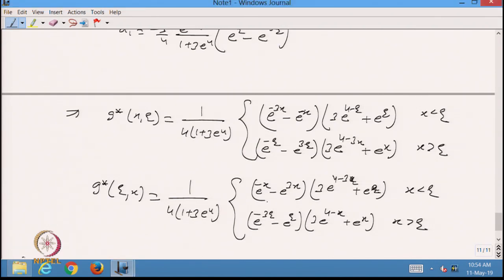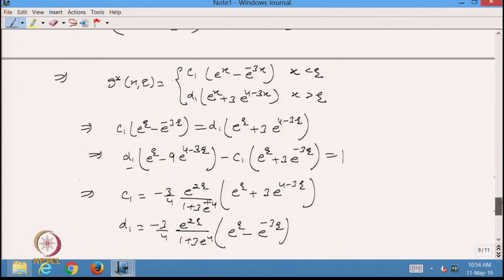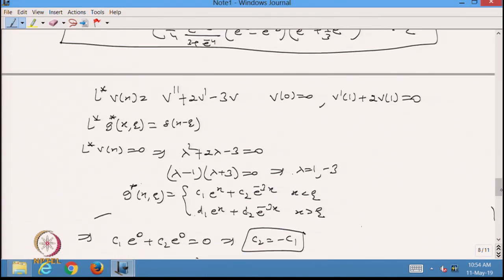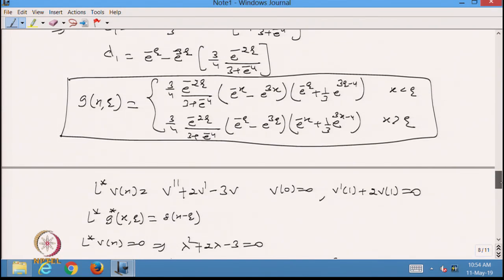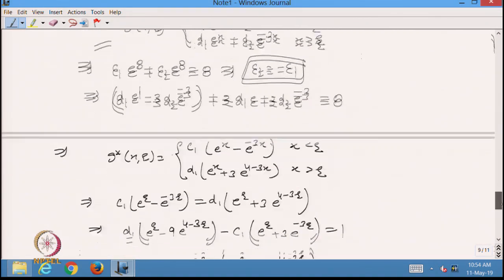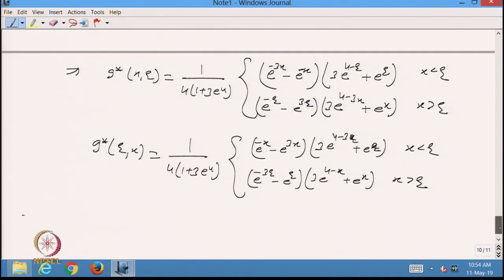So, e to the minus x, minus 3x. So, if you see the g we found out, this is the g we got, e to the minus x here, and this is e to the minus xi, 1 by 3 e raised to power 3 times xi. So, it should be same as that one.